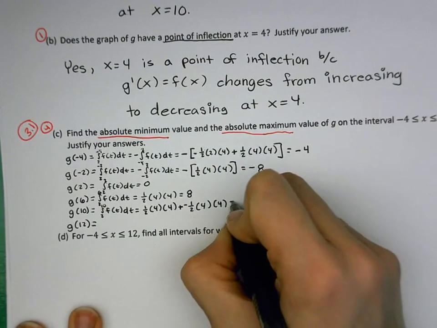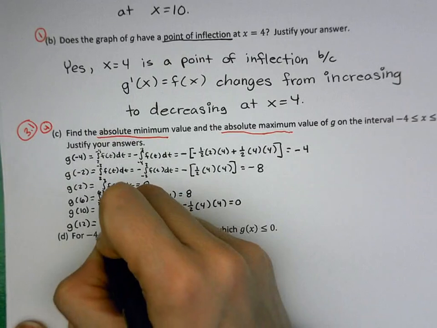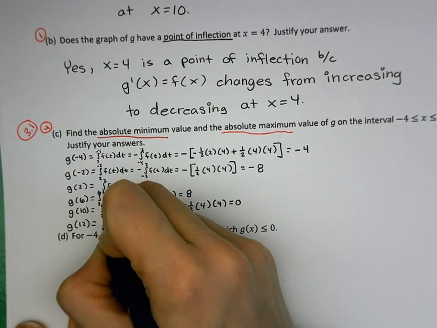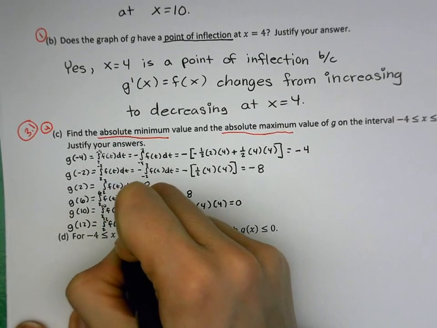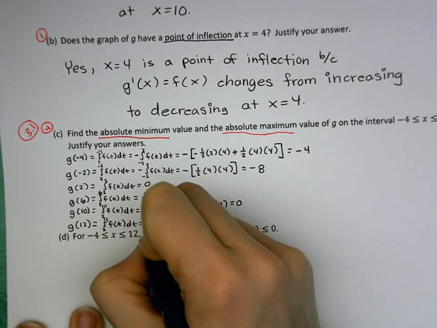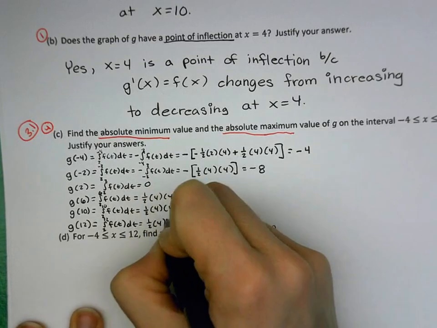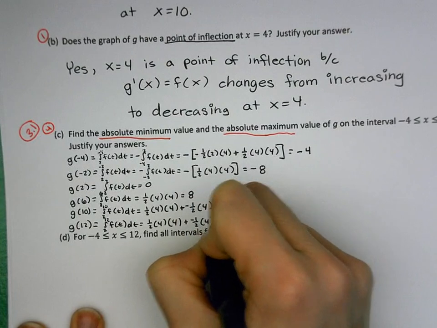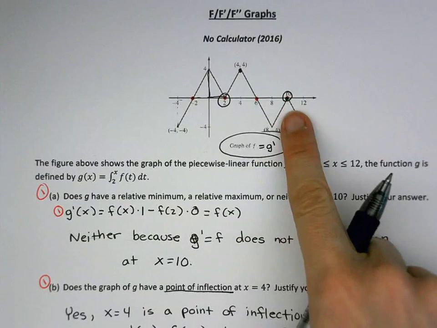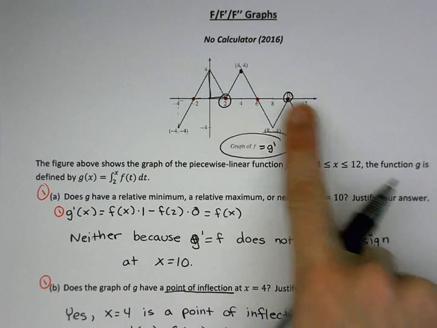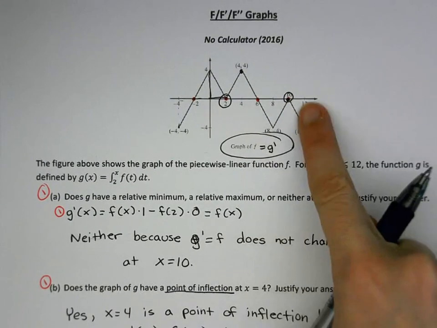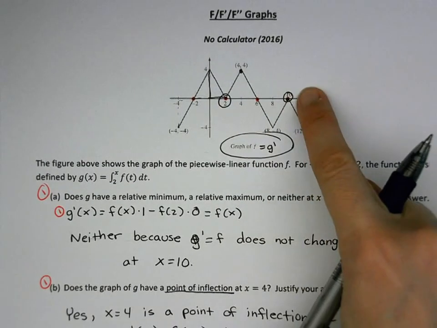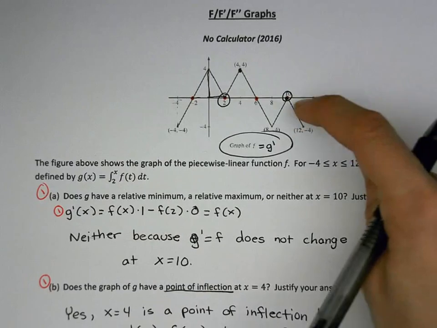And then last one, we have all the way to 12, which are those same two triangles from 2 to 10, the one above, 1/2, 4, 4, negative 1/2, 4, 4. But then one additional little triangle at the end, so all the way from 2 to 12, two matching triangles, and then this little guy at the end, 1/2 base of 2, height of 4, and negative because it's below the x-axis.